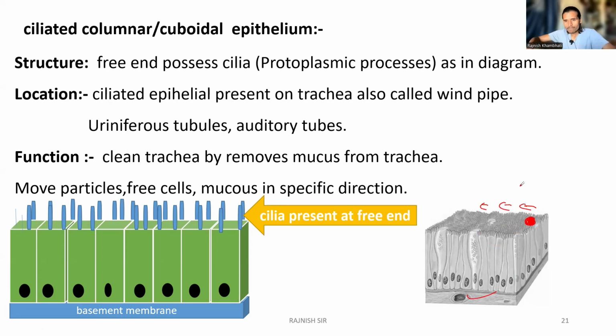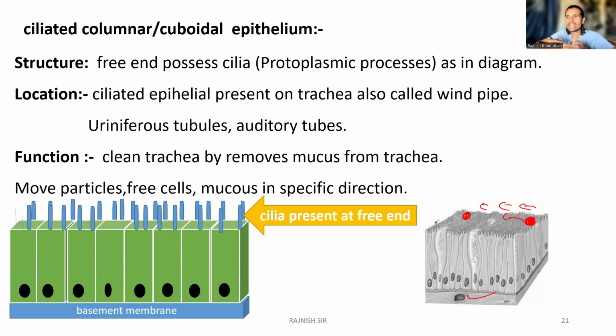They will be moving like this, if you can see my hands, in the same direction, because of which this mucus will travel from one end to another end, and move from that place to this place. This is how it does the function of cleaning.